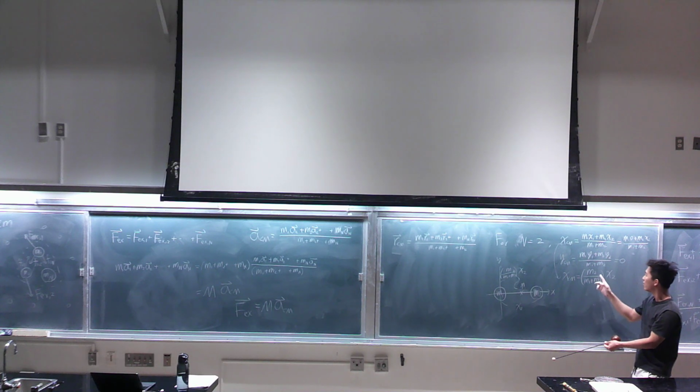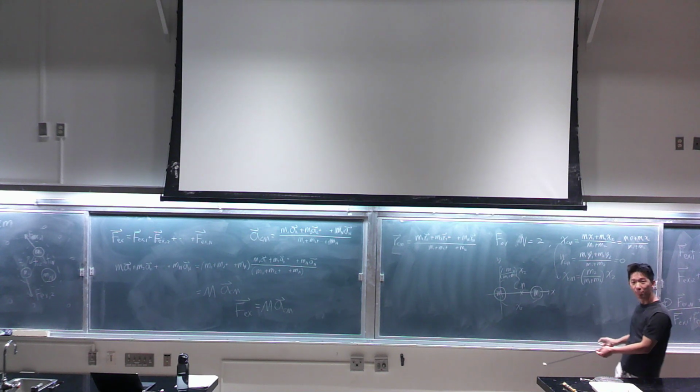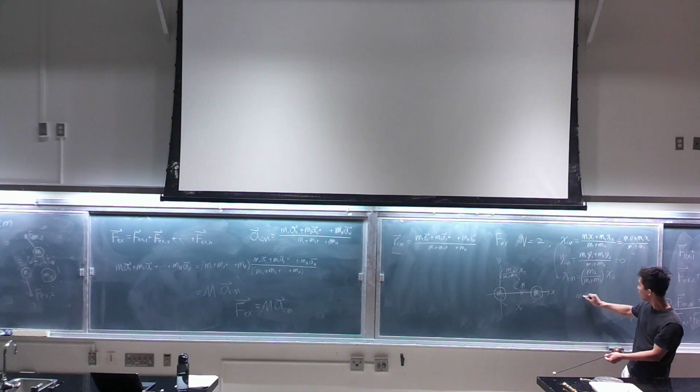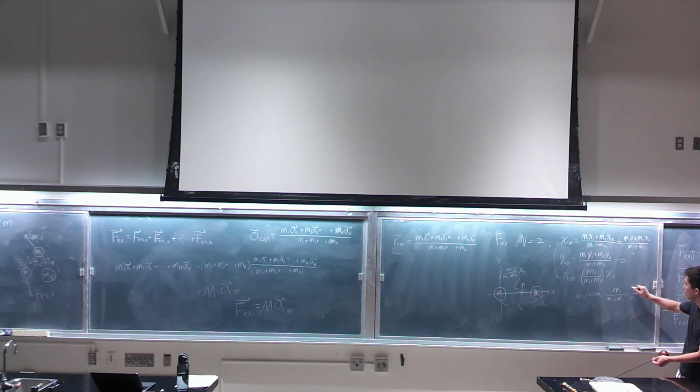So there's a numerator, but there's also a denominator. Let's say m2 is so big, then this term, m1 plus m2, is basically just m2. So it's 1.